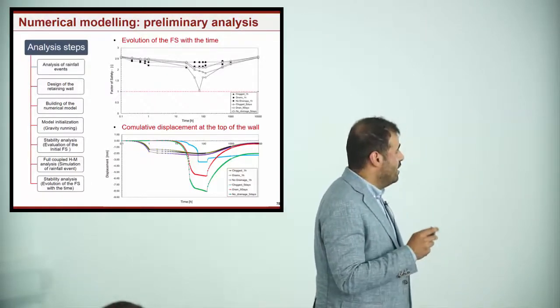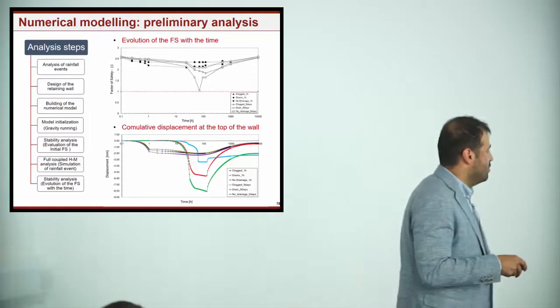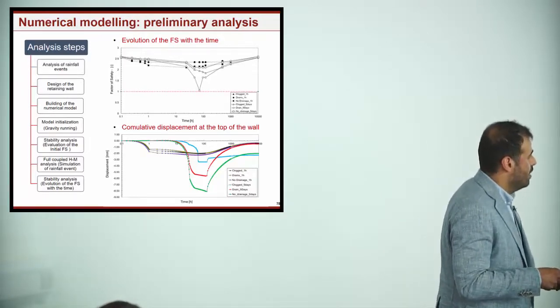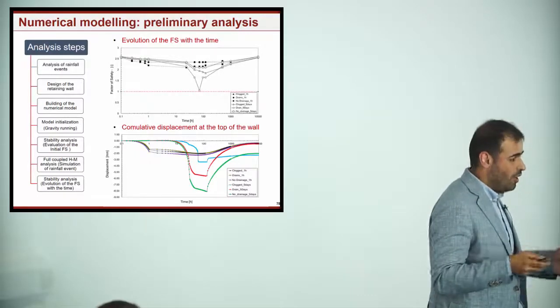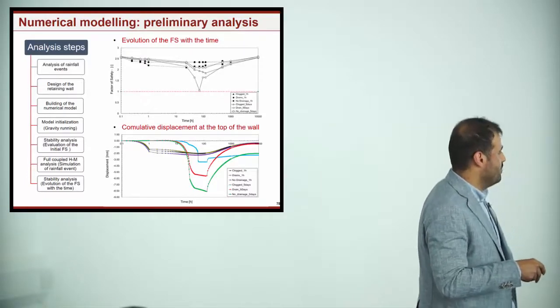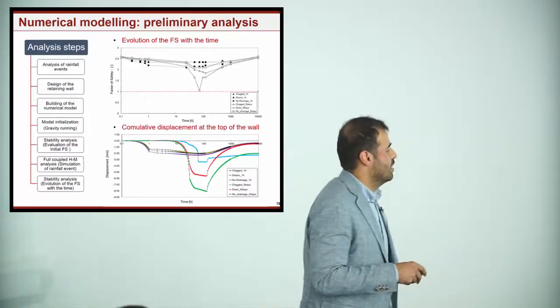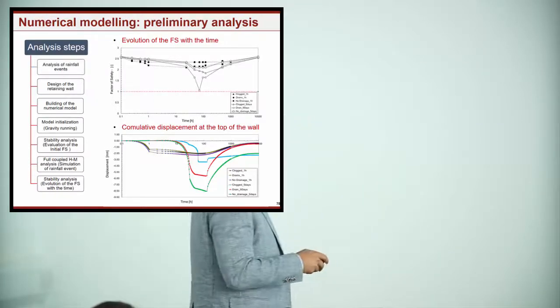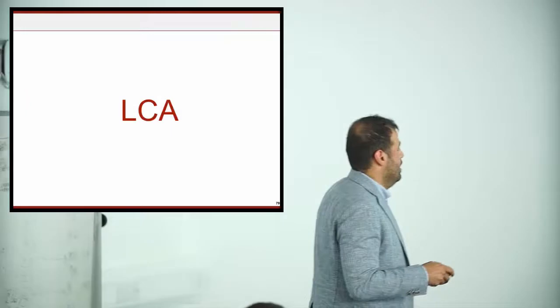The rainfall events that gave the highest displacement were the long but less intense ones. After 12 hours we got the maximum displacement and also the minimum factor of safety.